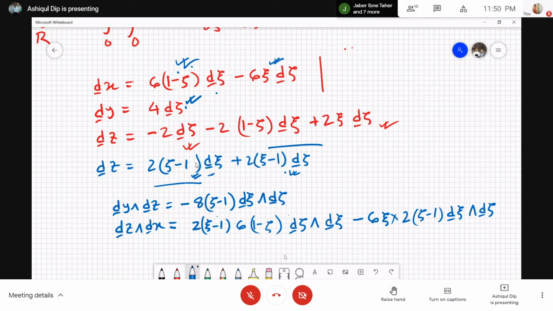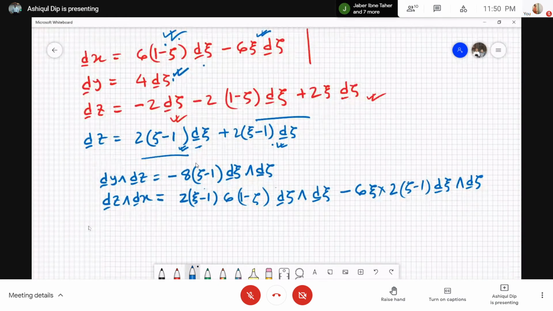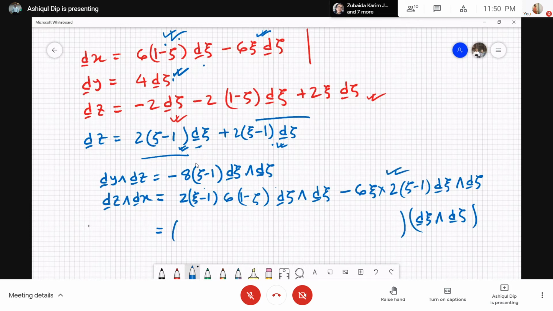Now let's simplify it, because it'll simplify a lot. Let's factor out d xi wedge d zeta. For this section we had 6 minus 6, right? So minus 12 xi zeta plus 12 xi. Is that multiplication correct? Yeah, minus 12 xi zeta plus 12 xi.